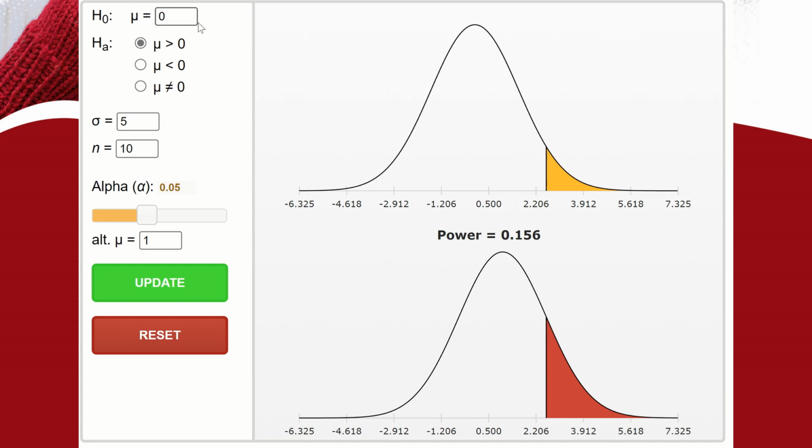And then someone else is saying, oh no, yes, they do. We think the mean is going to be a lot higher, greater than 0. We think seniors are taller than freshmen. So this is our null and this is our alternate for this particular scenario.